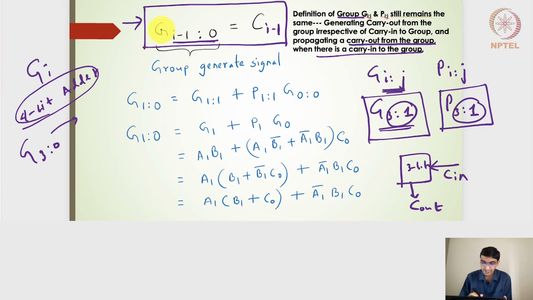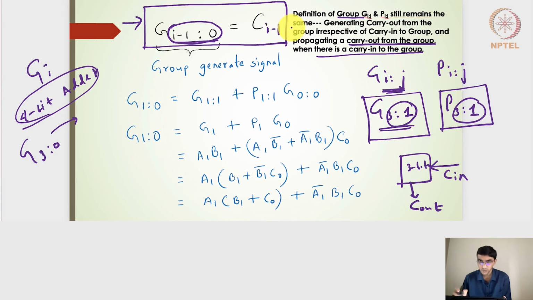So if I can generate the group-wise generate signal for i minus 1 to 0, that is nothing but the carry output of the i minus 1 bits. So Gi minus 1 to 0, the group generate signal, is equal to the carry output of the i minus 1 bits.